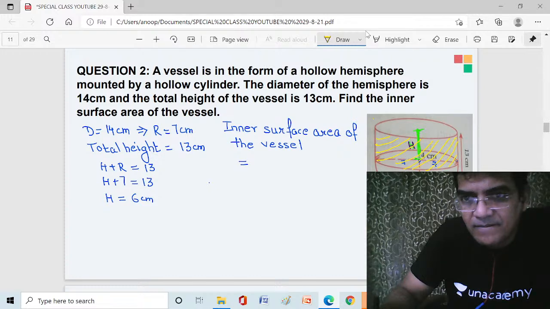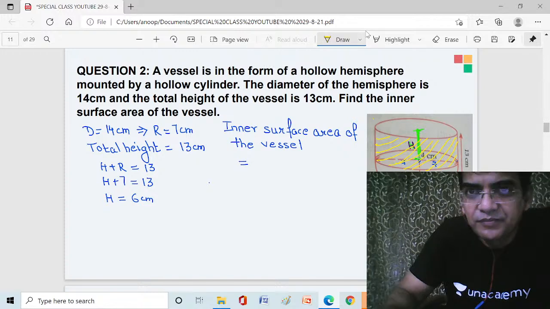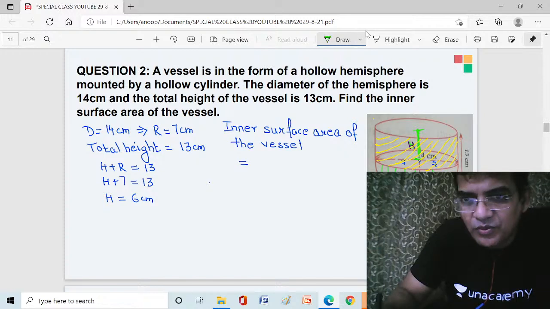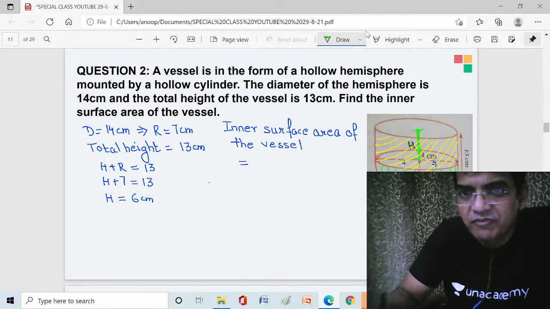This is the curved surface area of the cylindrical portion. So we need to find the curved surface area of the cylindrical portion, and second, we need to find the curved surface area of the hemispherical portion. If we combine these two, this will be known as the total surface area, right?